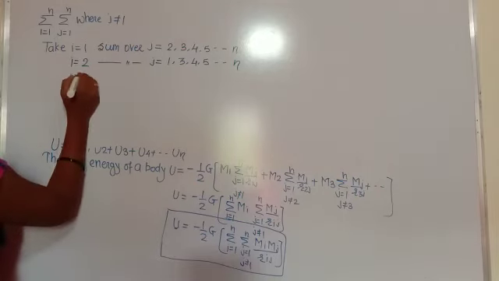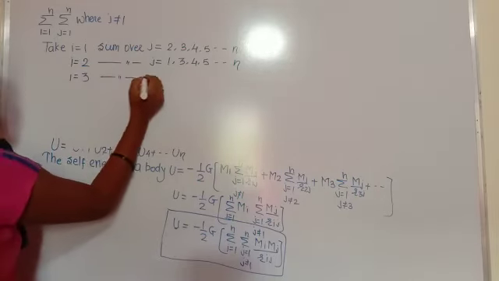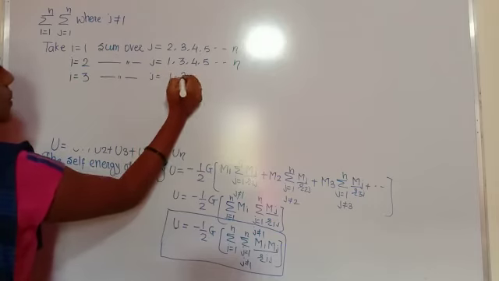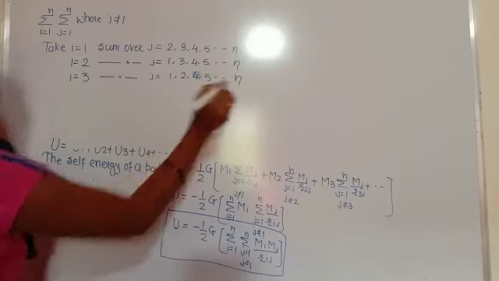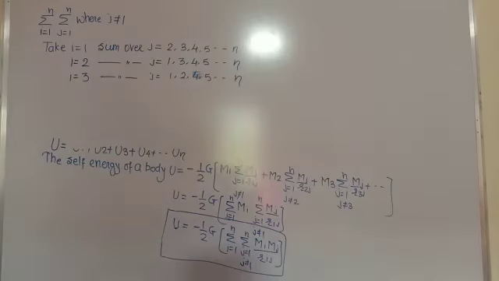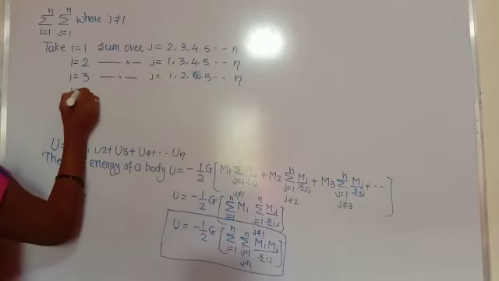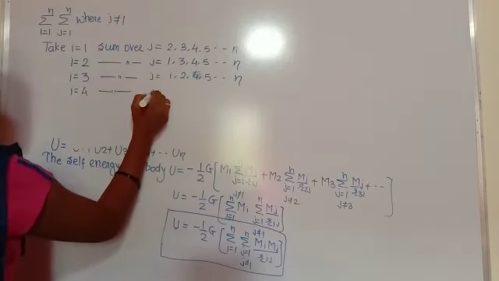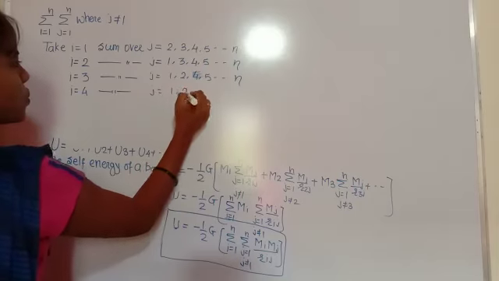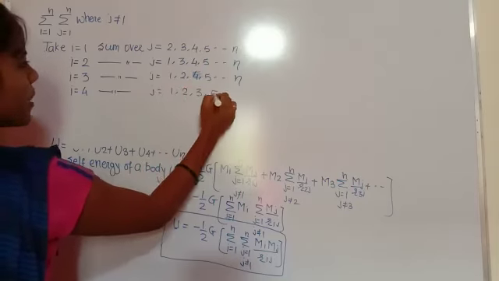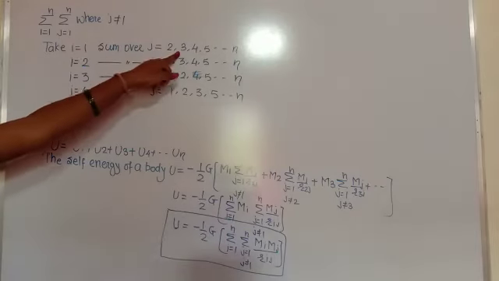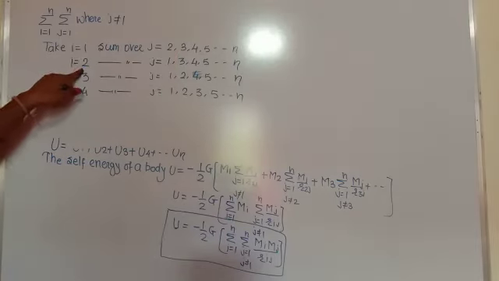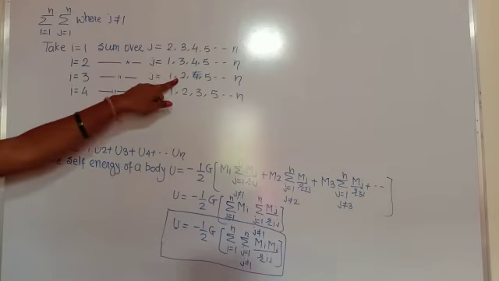Then if i equals 3, sum over j equals 1, 2, remaining 4, 5 up to n. Then if i equals 4, sum over j equals 1, 2, 3, 5 and so on. If we take i equals 1, remove this 1. If we take i equals 2, remove this 2, remove this 3, remove this 4.